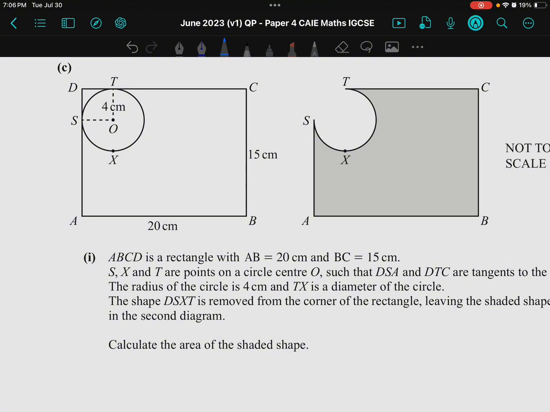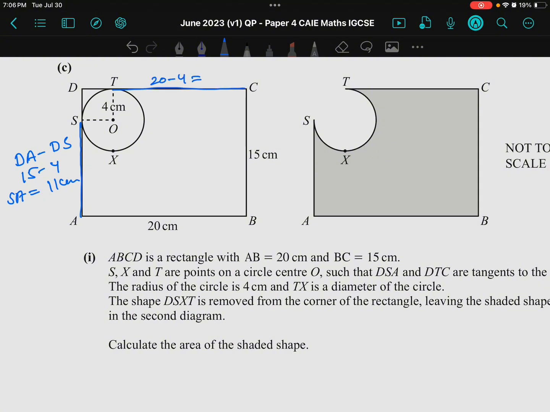First of all, find this length. Total D to A is 15. From D to A, we will minus DS. So it is 15 minus 4 will give me 11 centimeter, the length of S to A. Similarly, T to C, how will we find it?